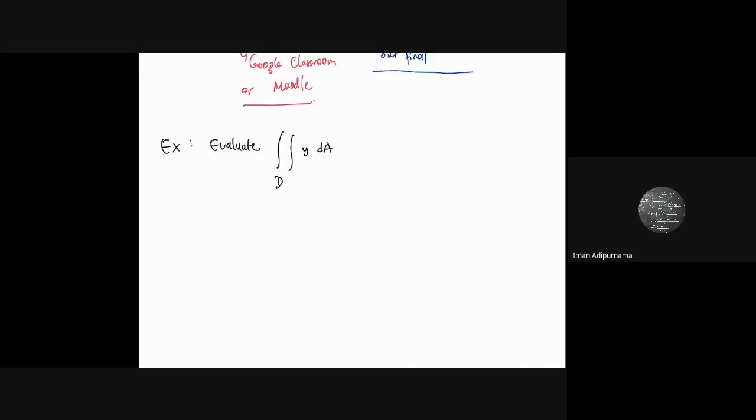Okay, evaluate this double integral, where D is the region of a triangular region with vertices. Okay, let's try this one.